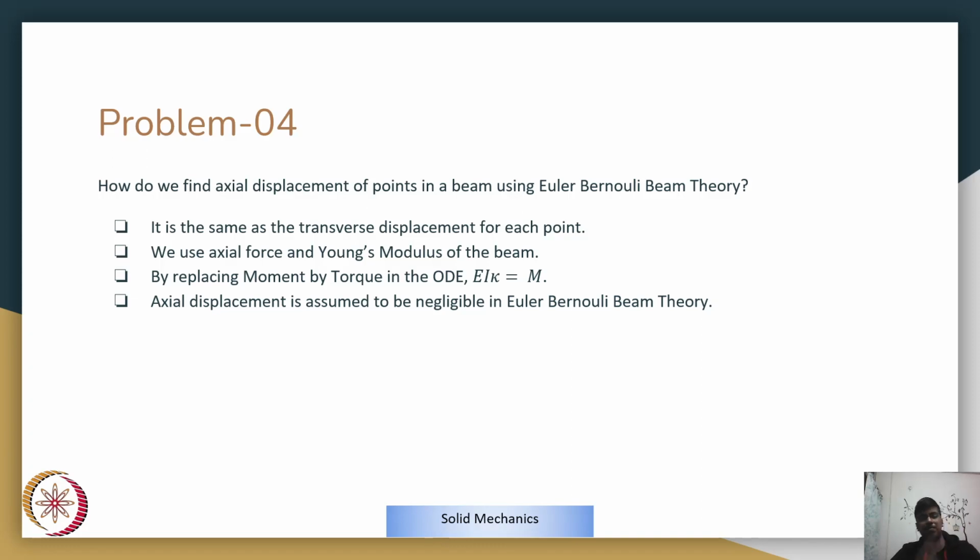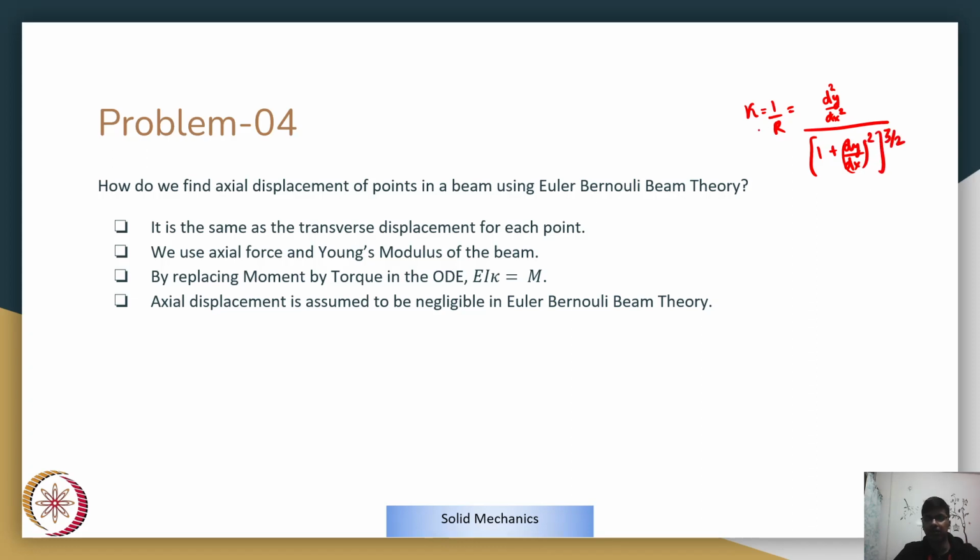Problem number 4. How do we find axial displacement of points in a beam using Euler-Bernoulli theory? In Euler-Bernoulli theory, if you remember, we start off with our curvature kappa equal to 1 by r, which is nothing but d2y by dx square upon (1 plus (dy by dx) square) whole raised to 3 by 2.